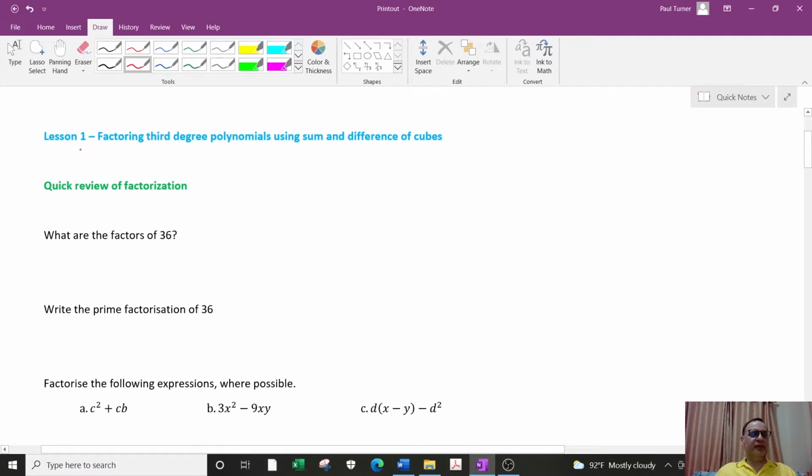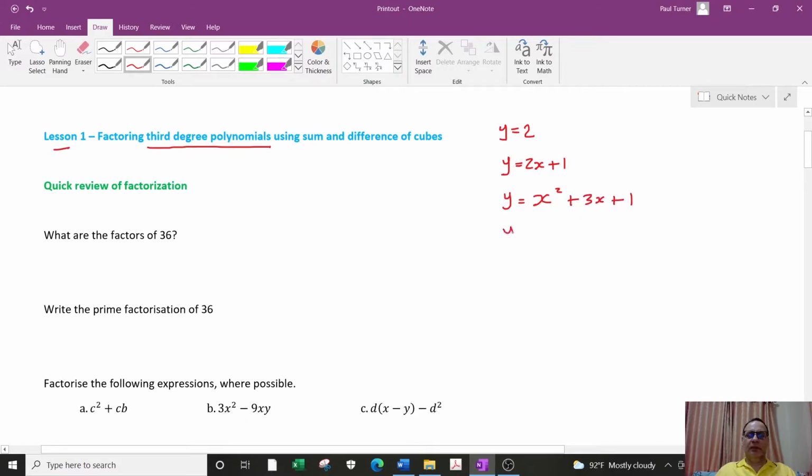Welcome back. This is lesson 1 on the topic of factorizing third-degree polynomials. Okay, for polynomials, you've already seen them before. An example of a polynomial would be y equals 2, or y equals 2x plus 1, or y equals x squared plus 3x plus 1.